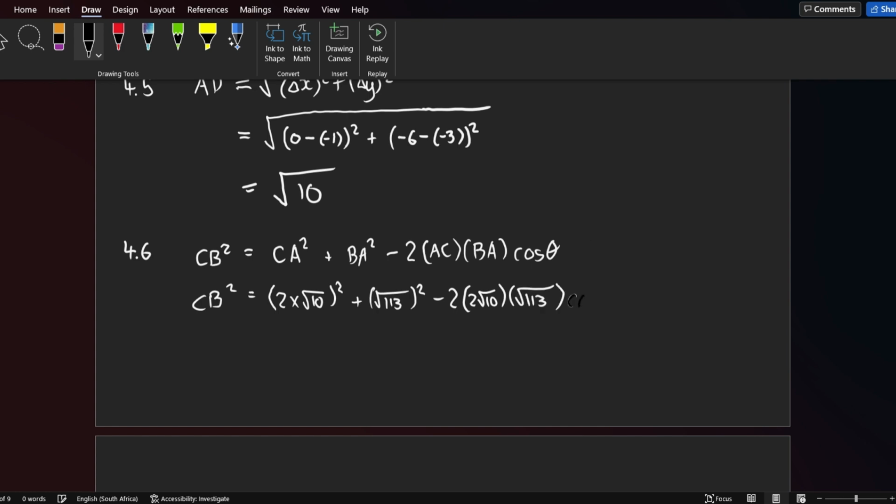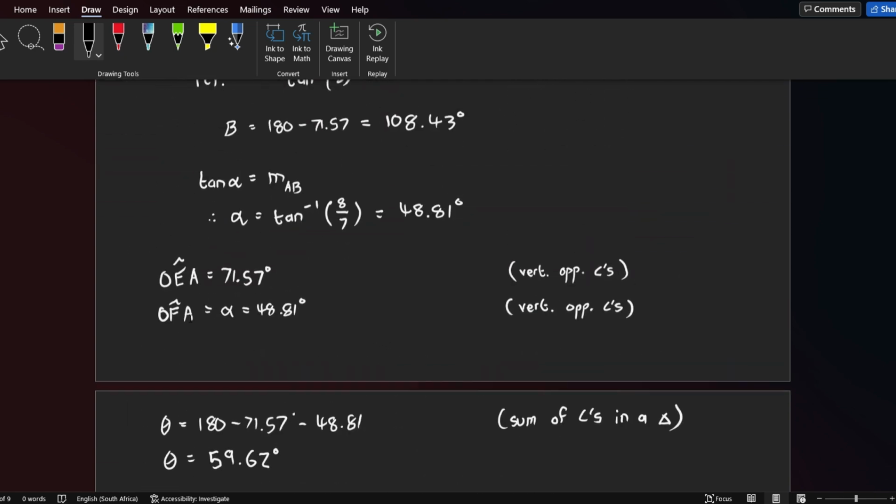And then we have cosine, and we have the angle to be 59.62 based on our previous calculation. And when solving for that, obviously we need to square root because it's given as CB squared, and when solving for CB, we get that to be 9.22 units. That is the length for CB.